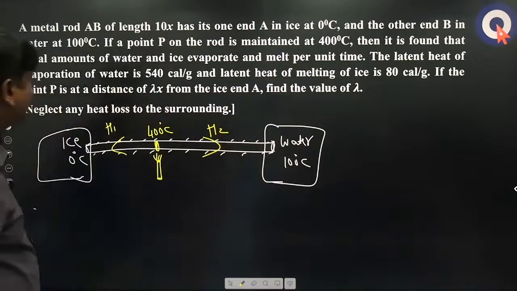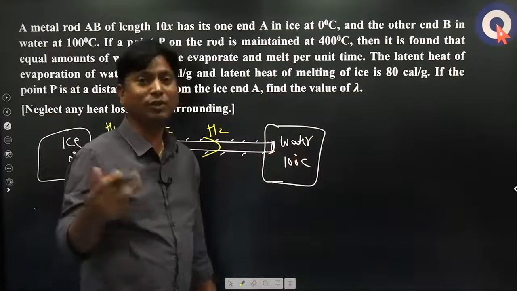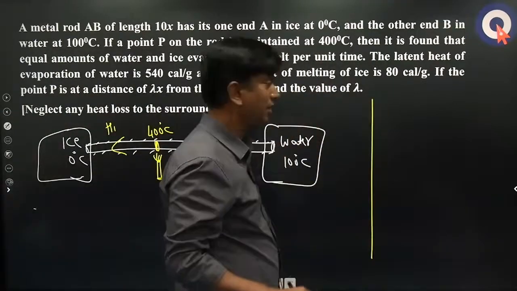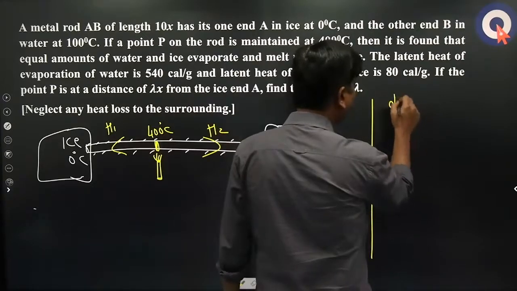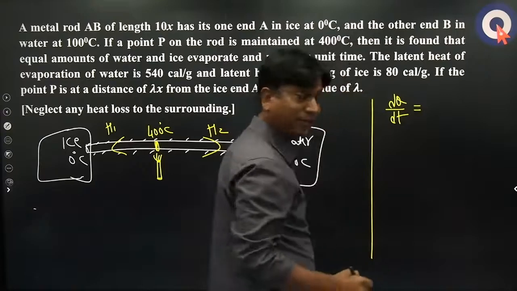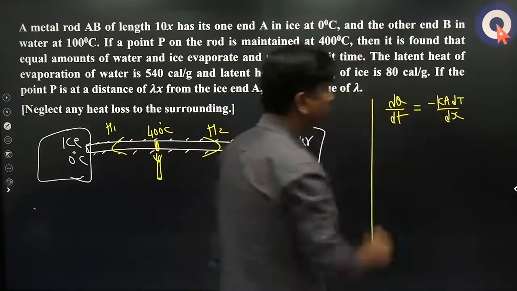They have given that how much ice will melt per second is the same as how much water is going to evaporate per second. See, most of the time in our heat transfer, we are going to use dQ/dt as the rate at which heat is transferred, which, in thermal conduction, is equal to minus KA dT/dx, right?